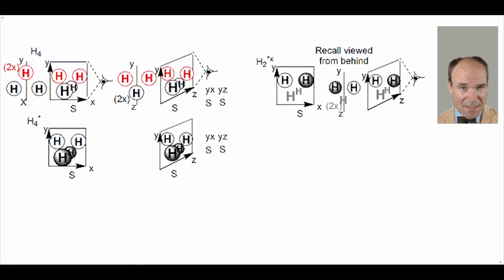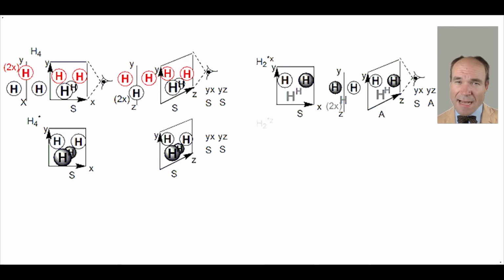So that's to say the two hydrogens have electrons that are out of phase with each other. So we are not having a case where one side of the plane is a mirror image of the other, so this is asymmetric. So the YX plane is symmetric and the YZ plane is asymmetric.